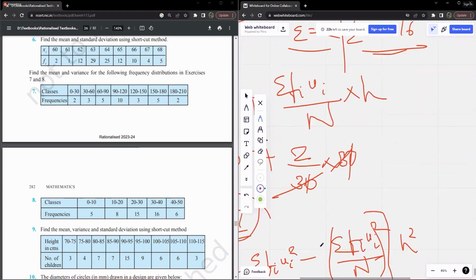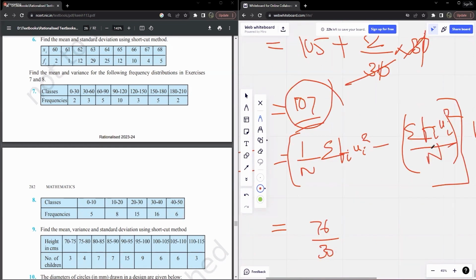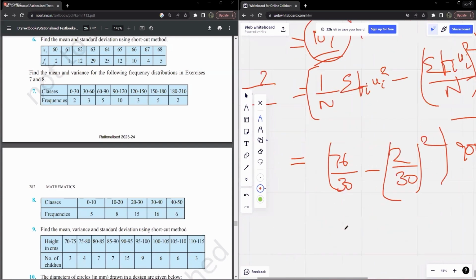So this is 76 by 30 minus this is going to be 2 by 30 the whole square into 900, which is basically 76 and 30 minus 2.